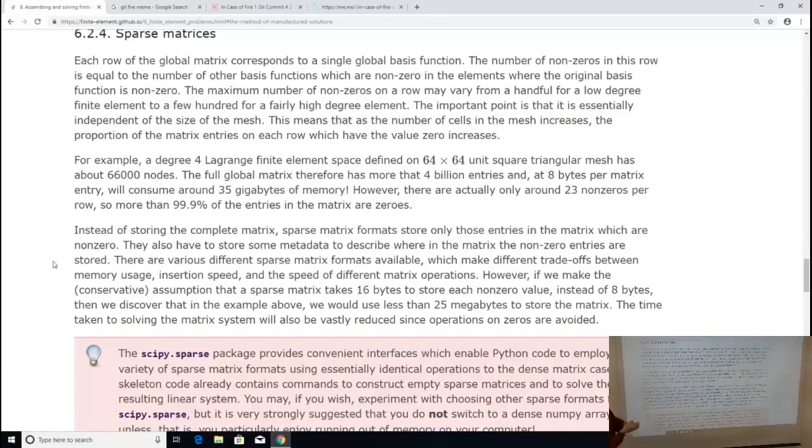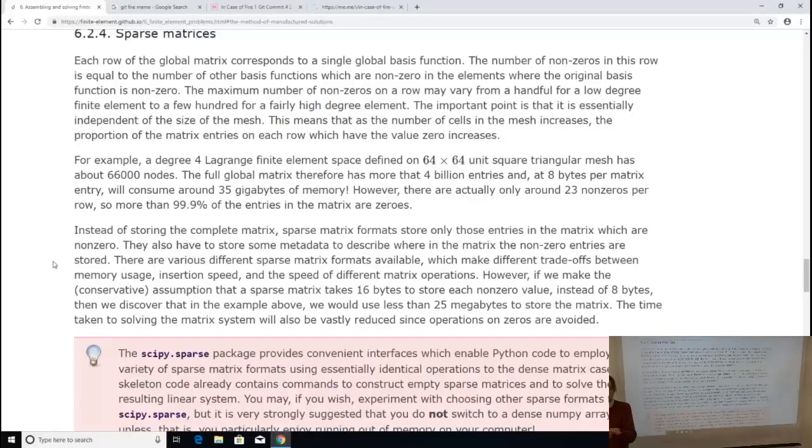Also, almost all of those entries are 0, because you only get non-zero entries in the matrix in the overlap between two basis functions, and two basis functions only overlap if they are topologically near each other in the mesh.